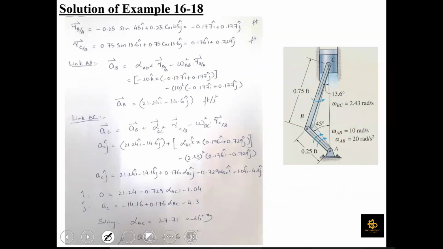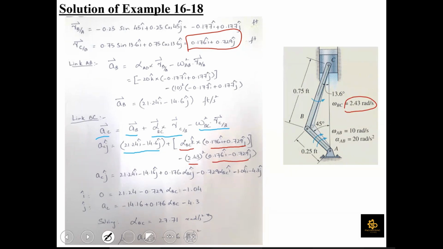The equation becomes AC equal to AB plus alpha cross R minus omega square R. AB we already found, which was 21.24i minus 14.6j. We assumed alpha BC is in a counterclockwise direction, so we have written it as alpha BC k. RCB we already wrote at the start, which was 0.176i plus 0.729j. Omega was known to us, which is 2.43, into r.